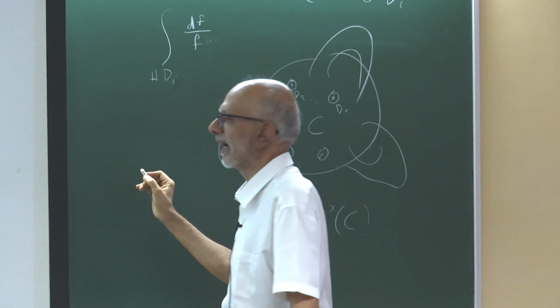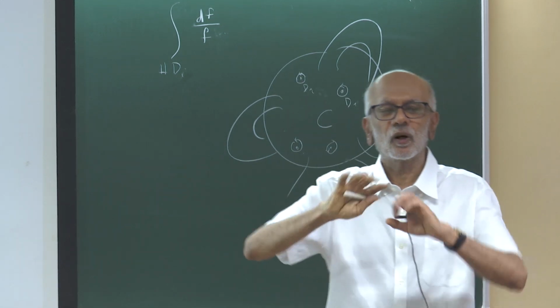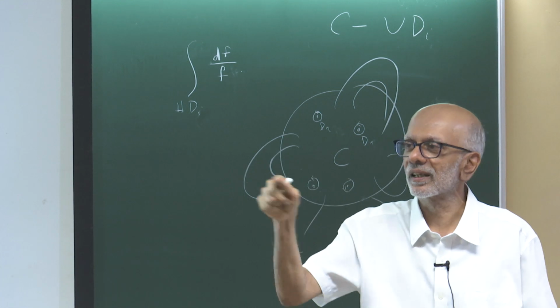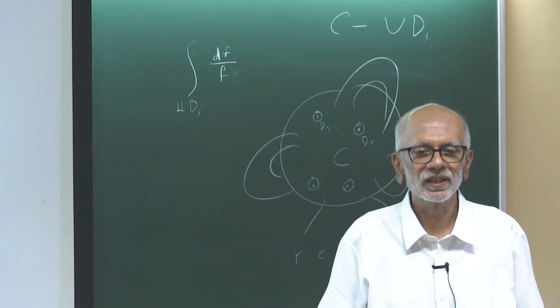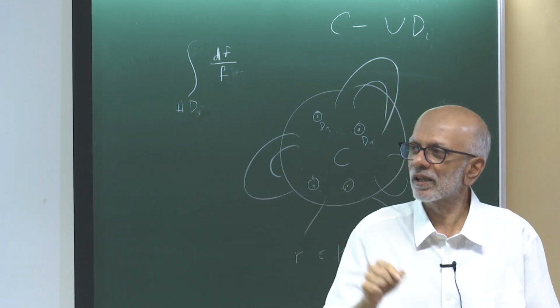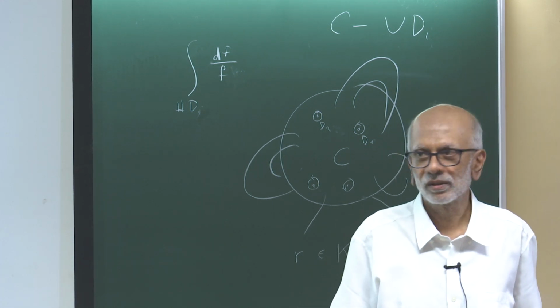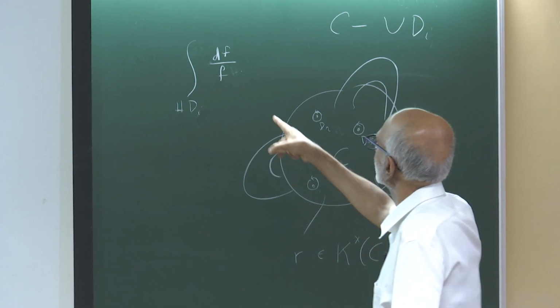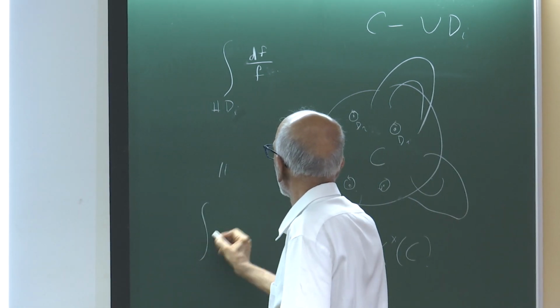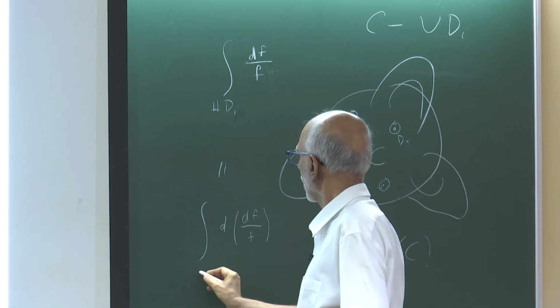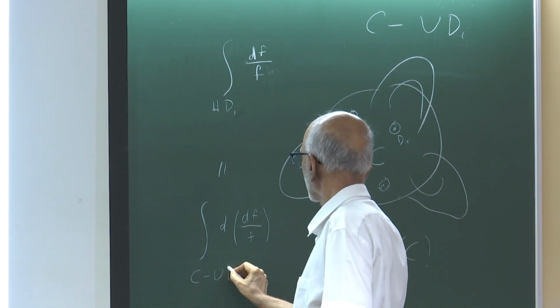And if I have a one form on the surface and I am integrating it on its one-dimensional boundary, that's the same as integrating the d of that form on the two-dimensional one. What is this theorem called? Stokes theorem. So therefore this is going to be equal to the integral of d of df upon f on C minus this union of Di.